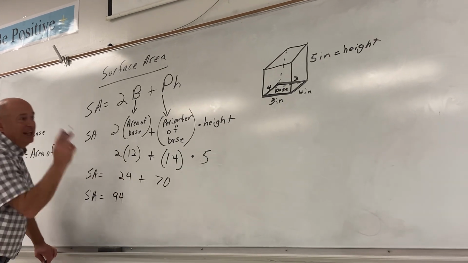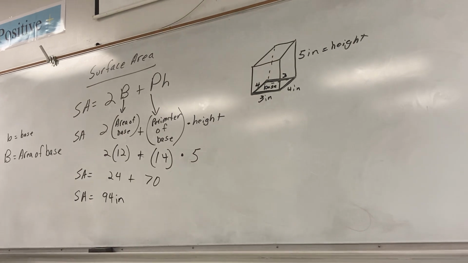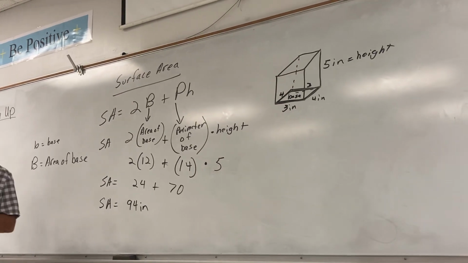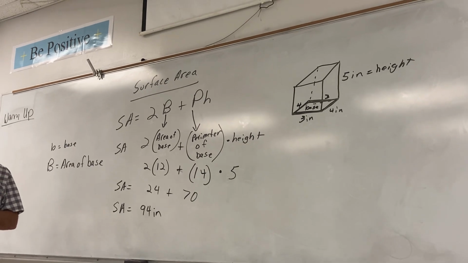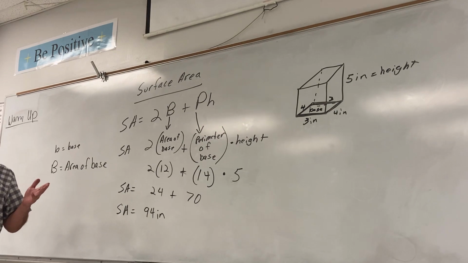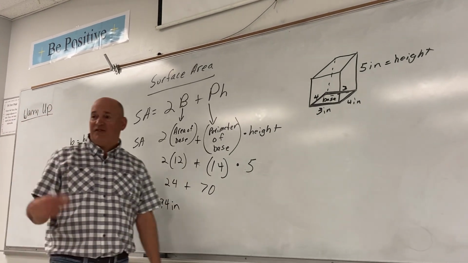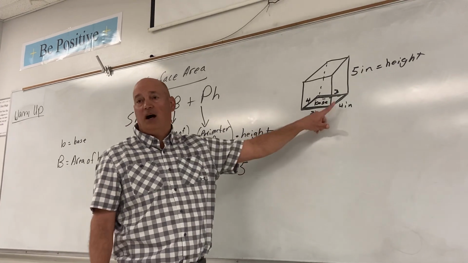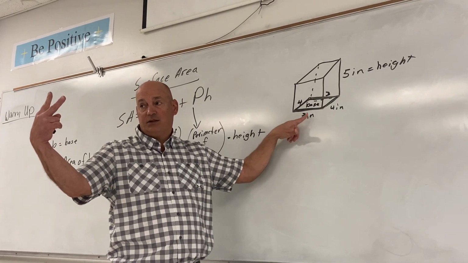And we need to put inches. Are we going to put cubed, squared? What are we going to put on this? It is a three-dimensional picture, do you all agree? But here's the problem. We're only finding area of it. Area is how many dimensions? 2.